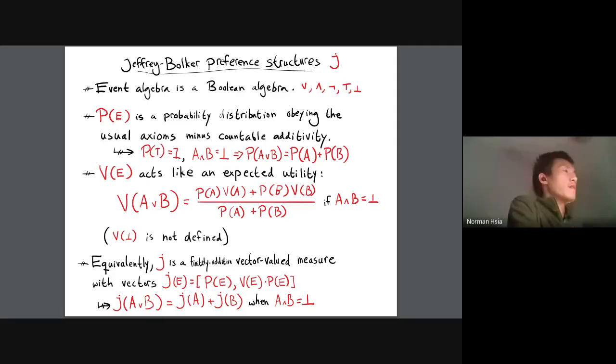So this P, actually, I don't think it could be equated to the P in the prior in updateless decision theory. Oh, in what way?